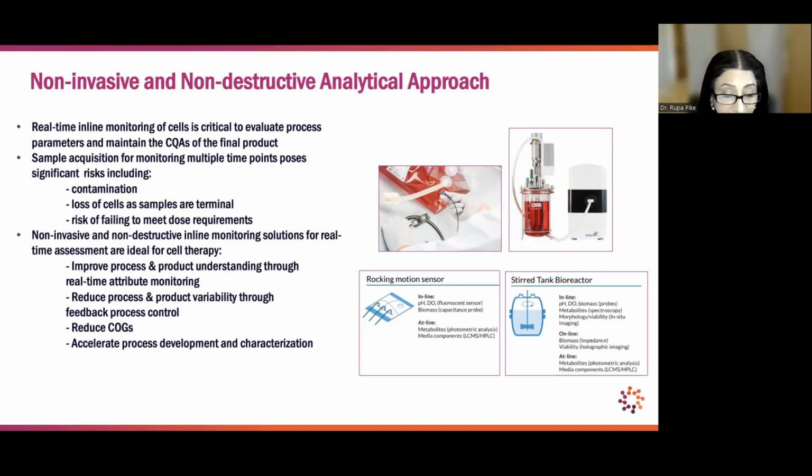The beauty of this system is these sensors are at the surface level of the bags or culture vessels, and they do not come in contact with the cells. On the right side of the slide, you can see examples of sensors. You can also see the Ovizio system attached to a bioreactor. And then the bottom two are actually rocking motion sensors and stir tank bioreactor that can take these type of sensors.